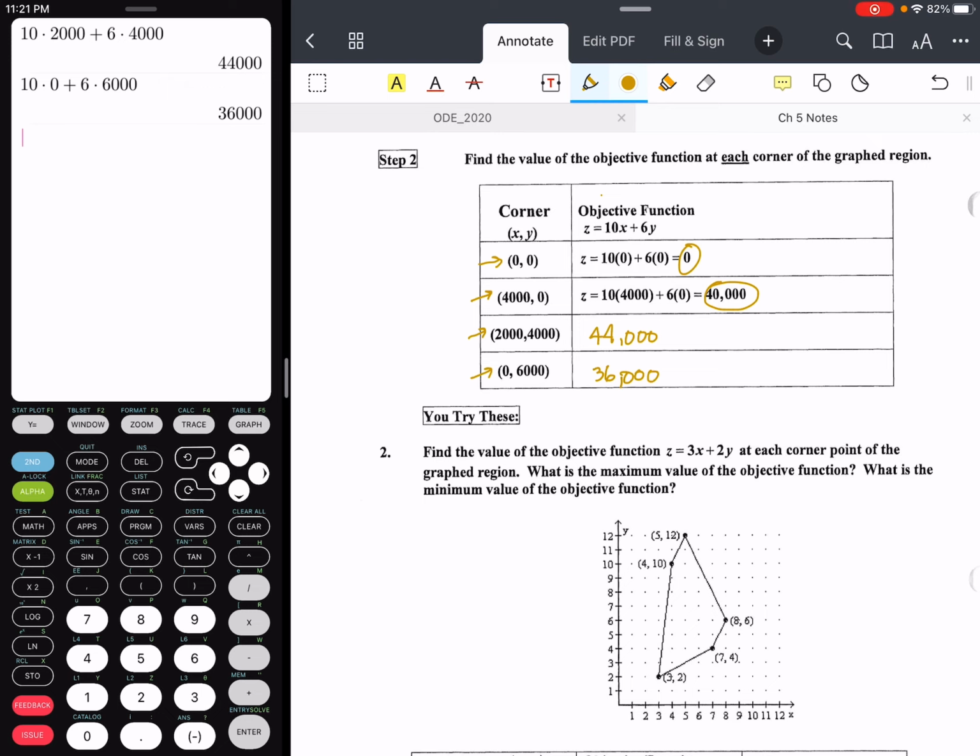All right, so these are the values of our objective function at all of the corners. And remember that we're trying to maximize, our goal was to maximize the value of the objective function. So looking at these 4 numbers, 0, 40,000, 44,000, and 36,000, of course the maximum is 44,000.